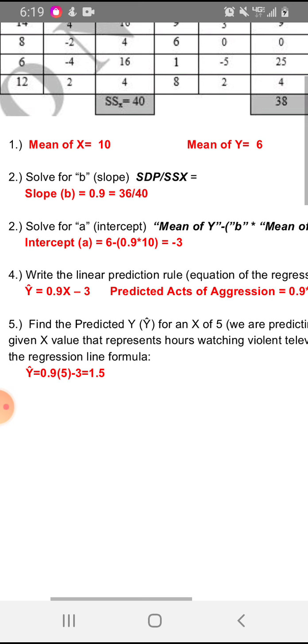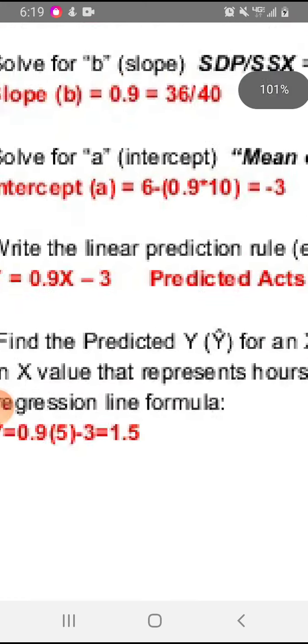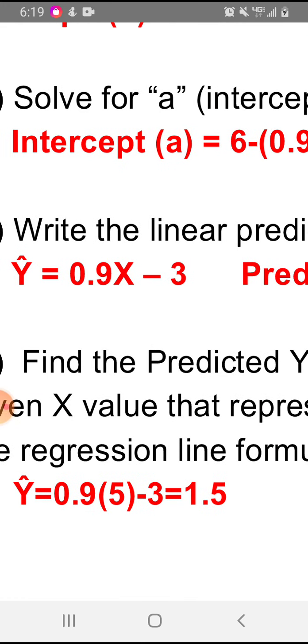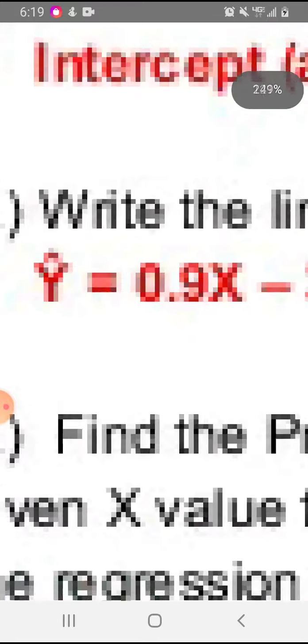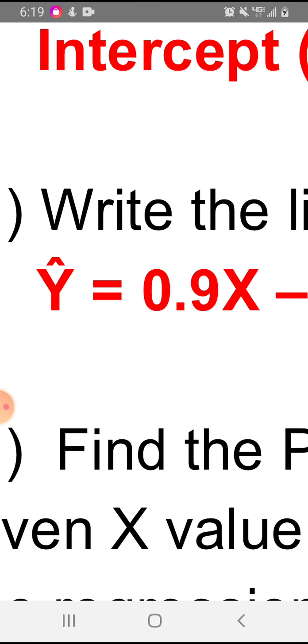Now you have to write the linear prediction rule, also known as the equation of a line, or the equation that we will predict y from a given x. Hence why the x is right there, because then you will take an x and insert it into this formula. So y hat, which is this y with this little hat over it, means predicted y.